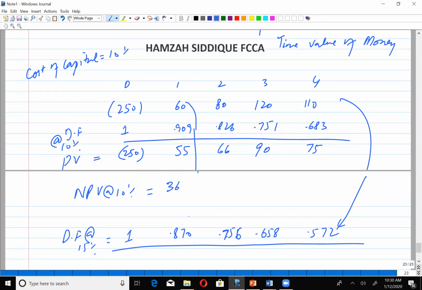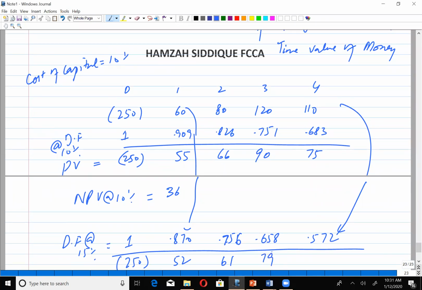Cash flows similarly. So 250 negative, and then 60 cross 0.870 is 52. 80 cross 0.756 is 61. 120 cross 0.658 is 79.